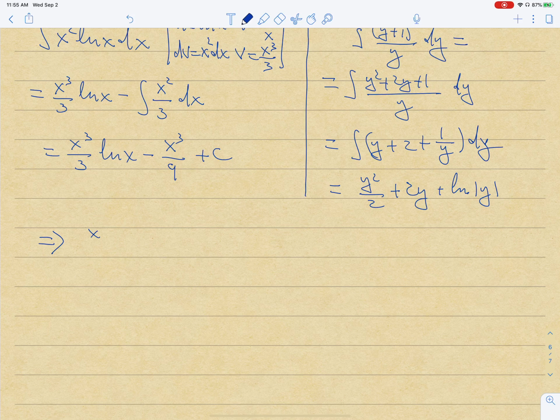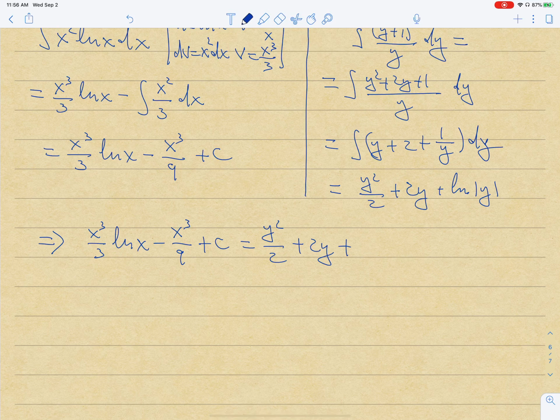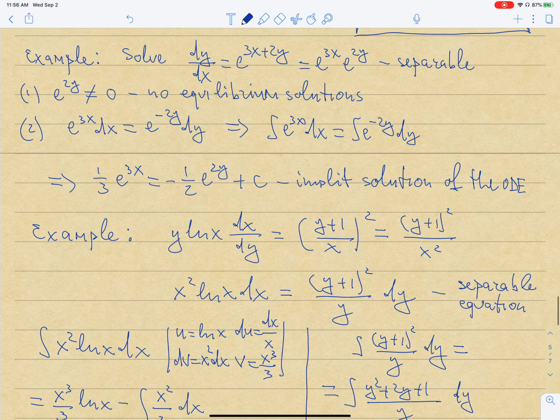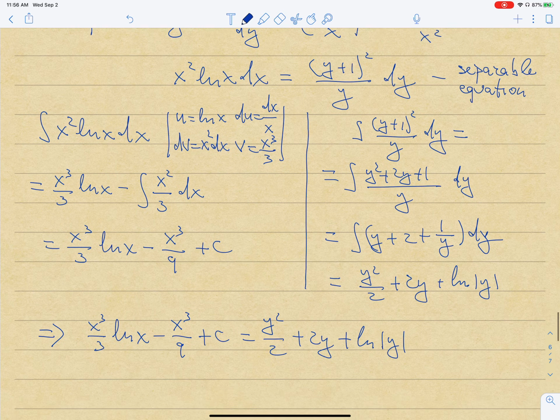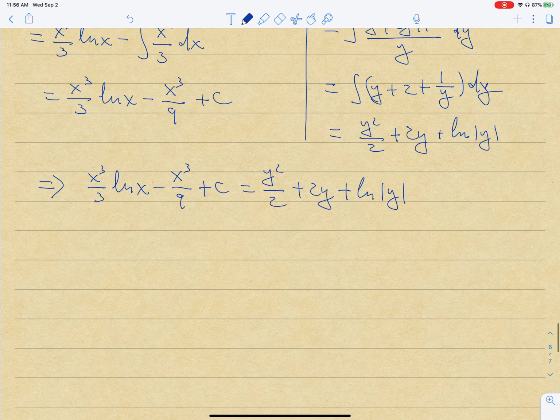So x cubed over 3 ln x minus x cubed over 9 plus c must be equal to y squared over 2 plus 2y plus ln of the absolute value of y. Okay, so that is going to be an implicit one-parameter family of solutions.